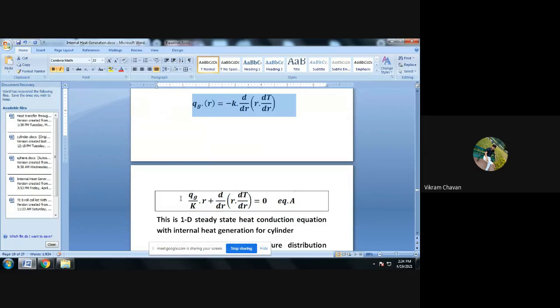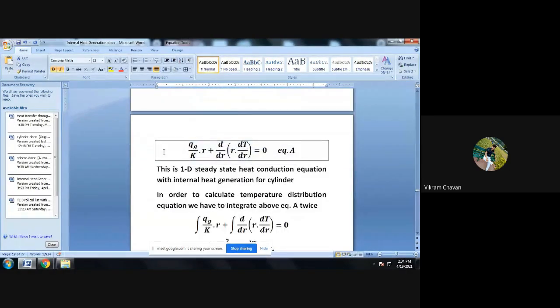Okay, write down this equation. Q suffix g divided by k multiplied by r plus differentiation with respect to r of bracket r multiplied by dT divided by dr is equal to 0. Give this equation number as equation A. This is the one-dimensional steady-state heat conduction equation with internal heat generation for cylinder.